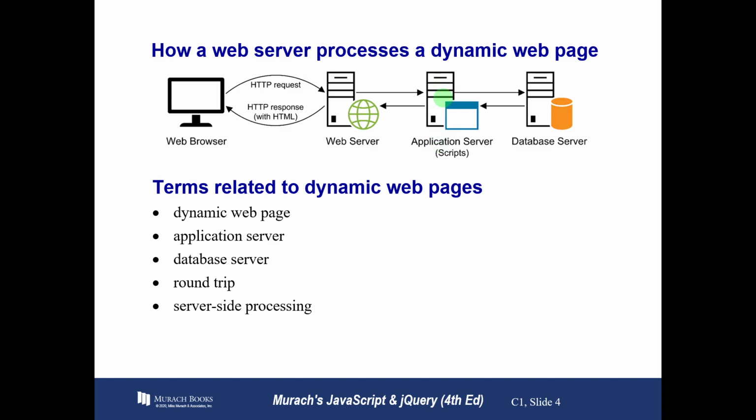But the application server might also make requests from a database server, and the database server will send some information, the results of a query of some kind, from the database back to the application server. And the script logic on the application server will combine the information from the database request into a web page and respond to the web server, which packages it up all nicely into an HTTP response back to the web browser.